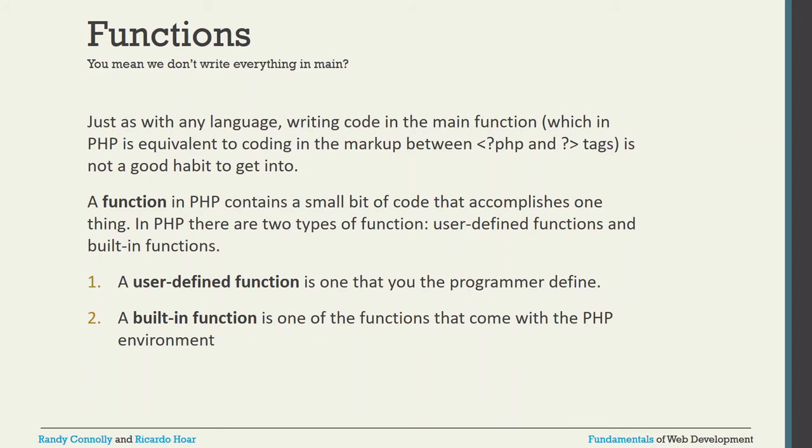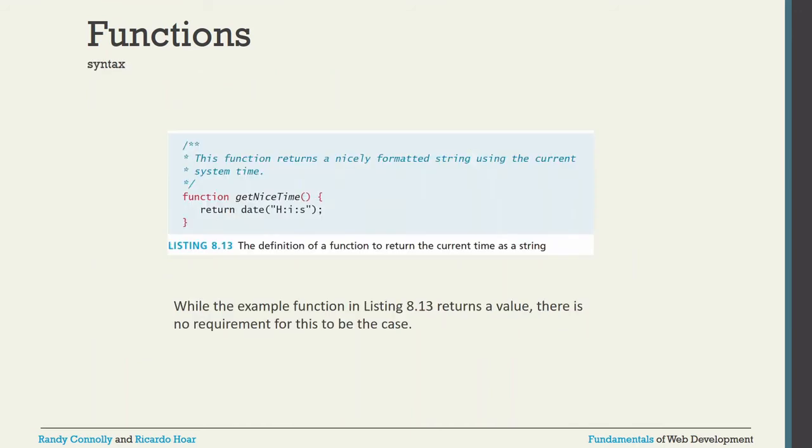Functions are of two types: the first is called the user-defined function, and the other is the built-in function. User-defined functions are defined by the programmer or developer as they want. Built-in functions, like math functions and some other things, come under the category of built-in functions.